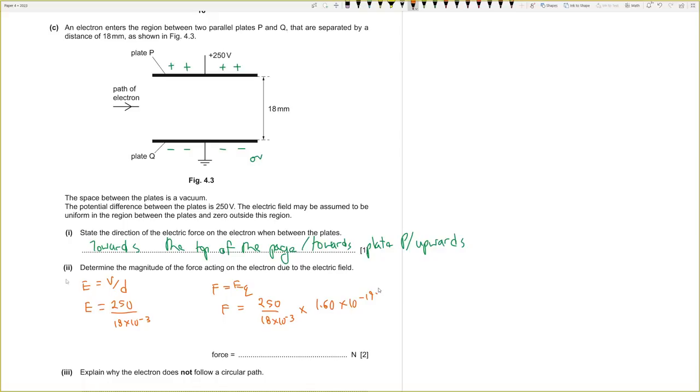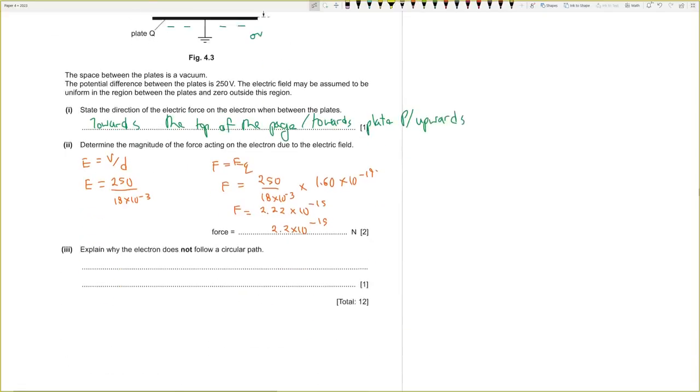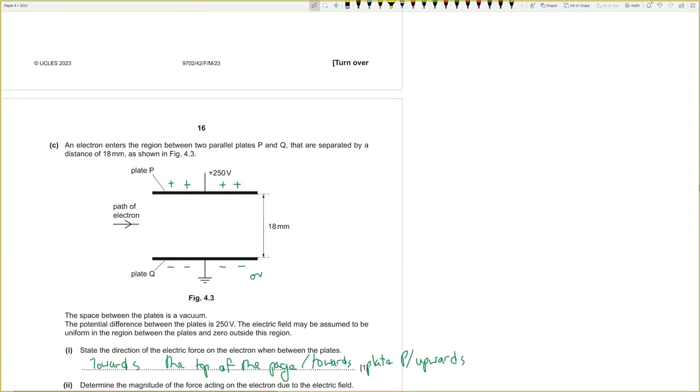This gives you a value of 2.22 into 10 to the power minus 15. Our data is given to 2 SF, so I'm going to opt for 2.2 times 10 to the power minus 15 newtons.